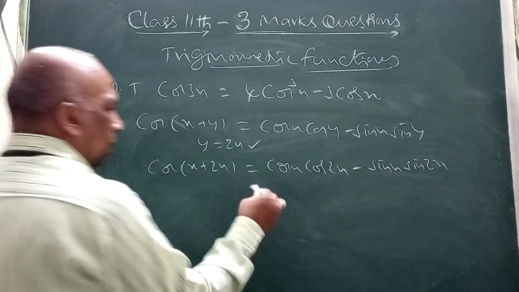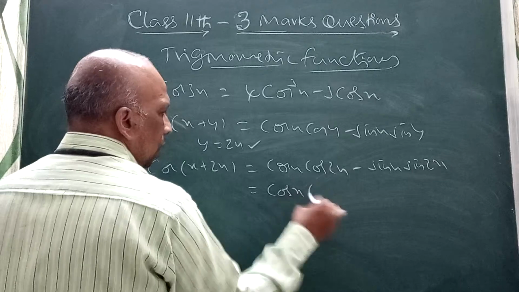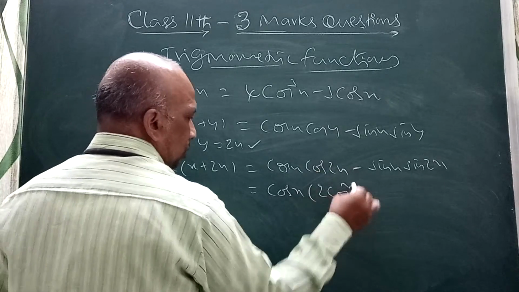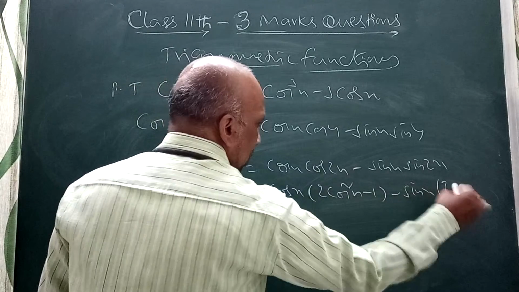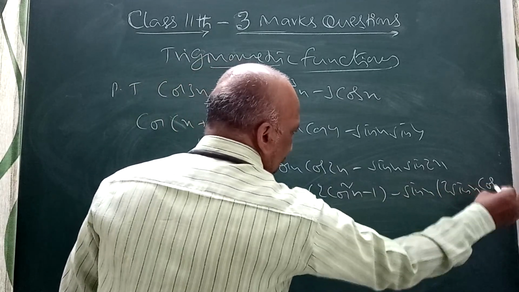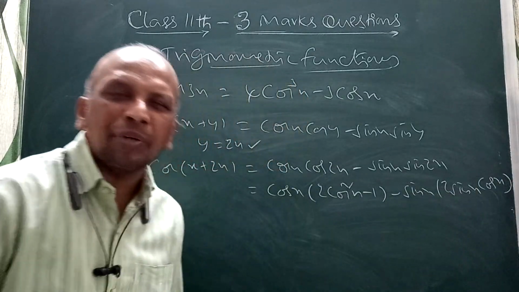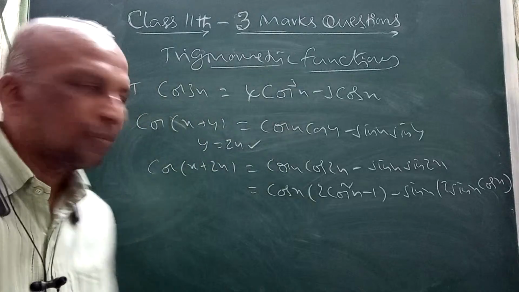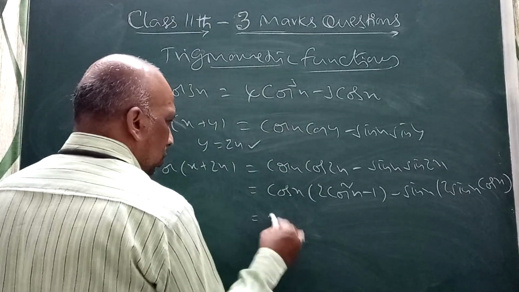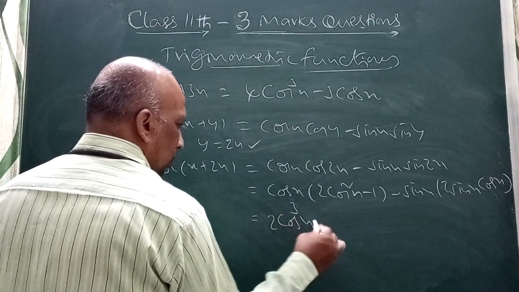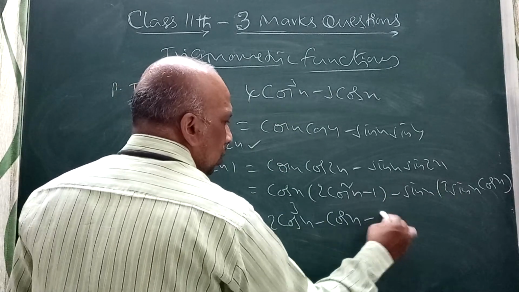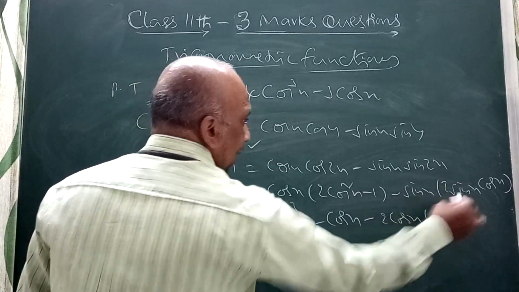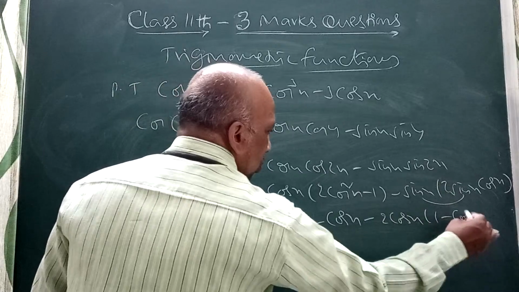This will become cos x into cos 2x, which is 2 cos square x minus 1, minus sin x into sin 2x, which is 2 sin x cos x, right? But your aim is to get everything in terms of cos. So this will be 2 cos cube x minus cos x, minus 2 cos x into sin square x, which is 1 minus cos square x.